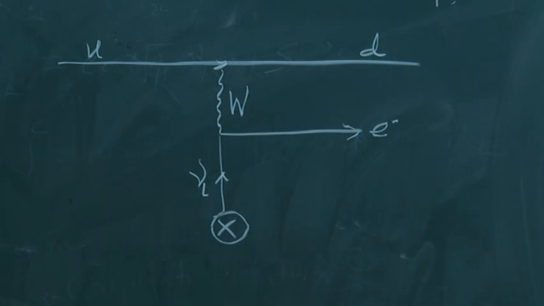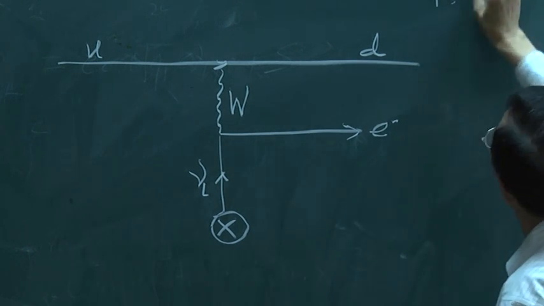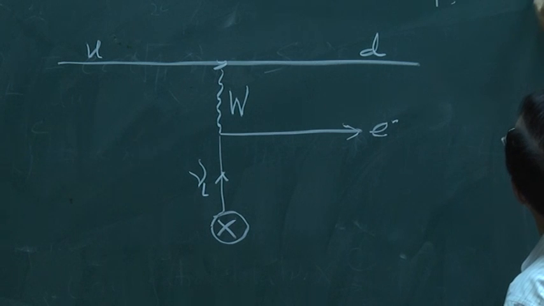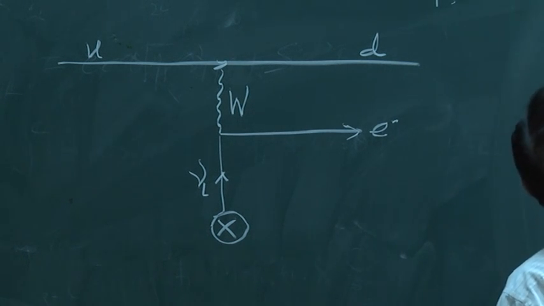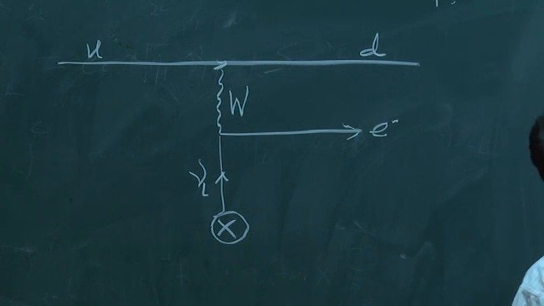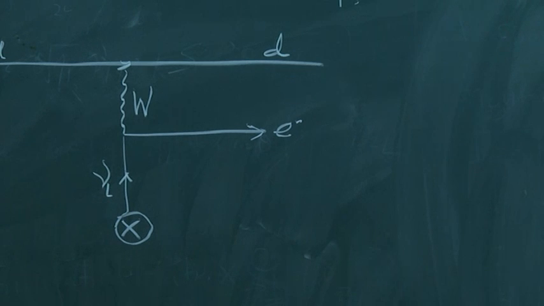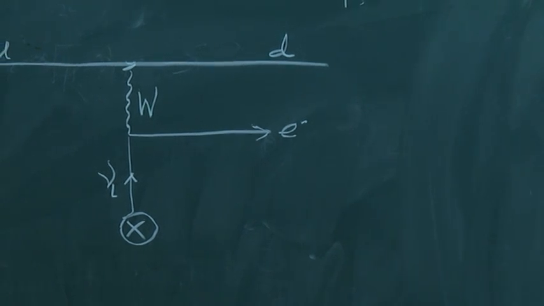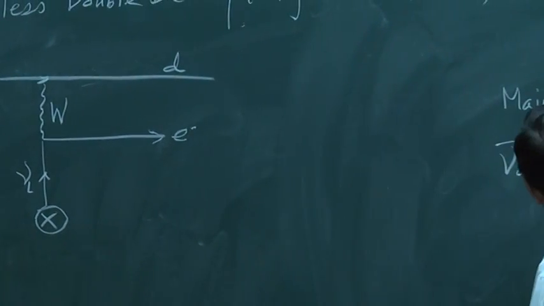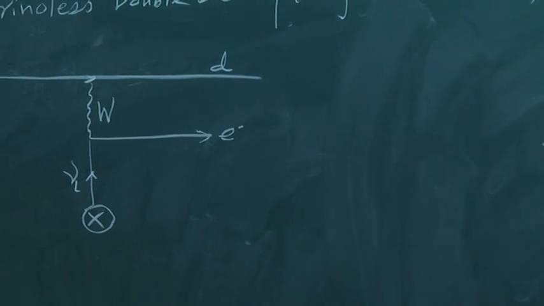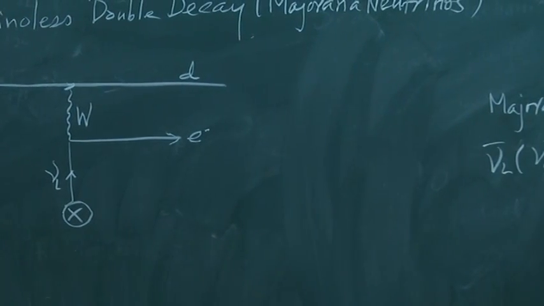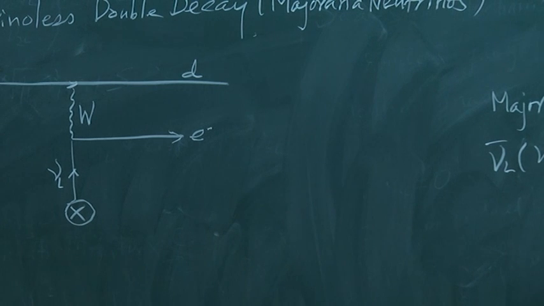Did I mention this? The Majorana mass, this is Majorana neutrinos. Majorana mass terms, you have nu L bar, nu L C. And you remember nu L C is equal to psi T something.